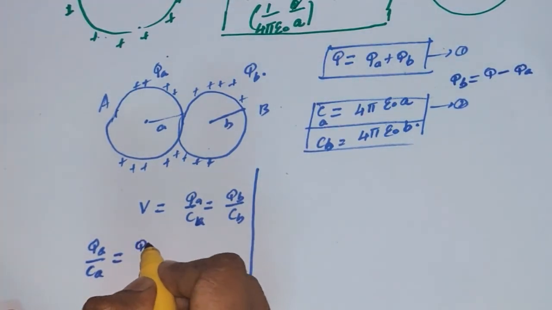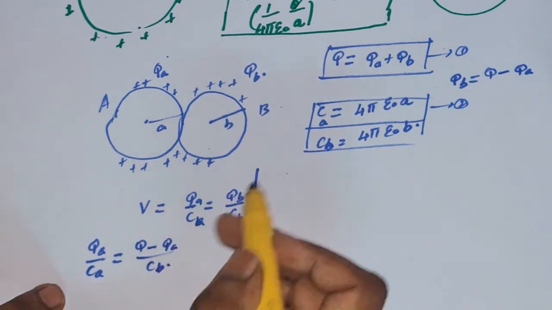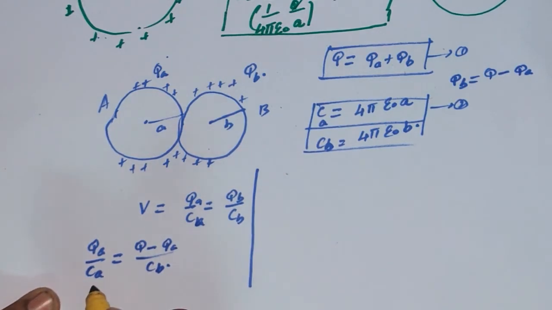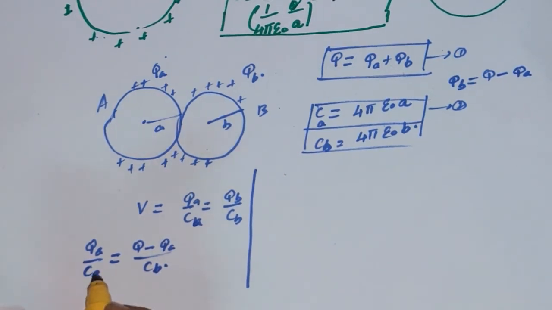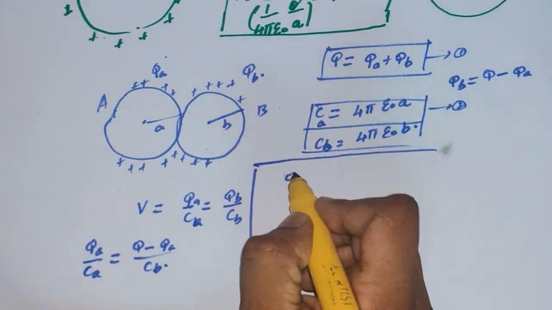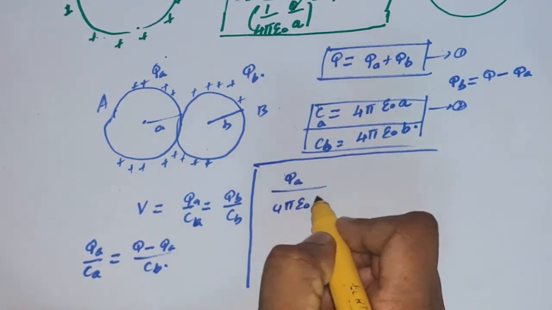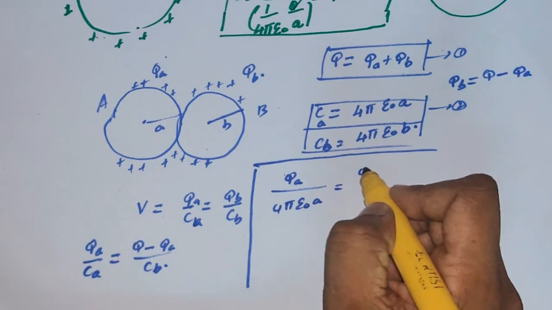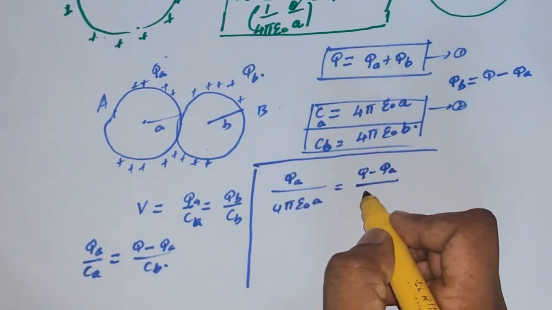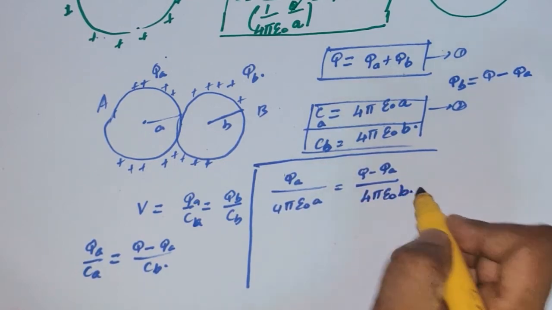So QA divided by the capacitance of sphere A, 4 pi epsilon naught a, equals Q minus QA, the QB charge, divided by the capacitance of sphere B, 4 pi epsilon naught b.